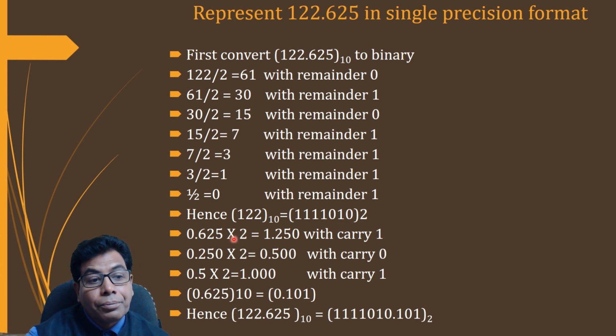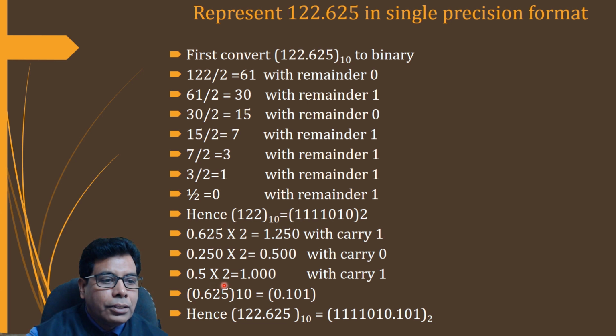Then for the fractional part, you have to multiply by 2. Multiplication by 2, that method we are using. So 0.625 multiplied by 2 is 1.250 with carry 1. Then 0.250 multiplied by 2 is 0.500 with carry 0.